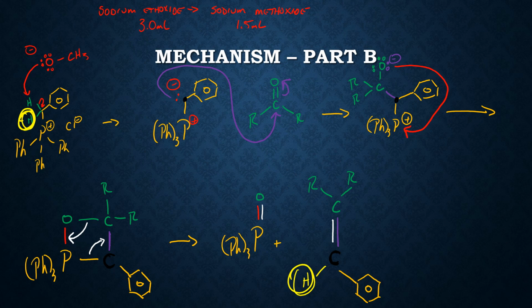So there is the mechanism for a Wittig reaction. We generate a negative carbon here, which attacks the carbonyl carbon. The negative oxygen then attacks the positive phosphorus to make a four-membered ring.